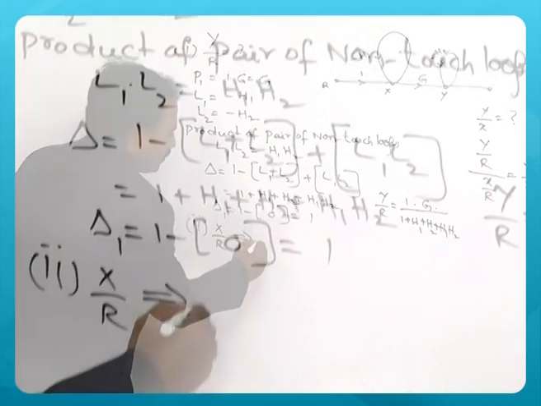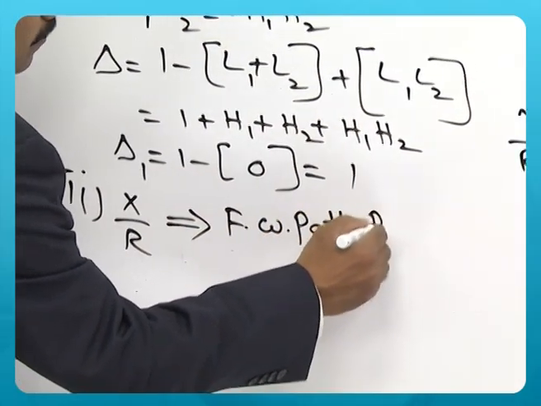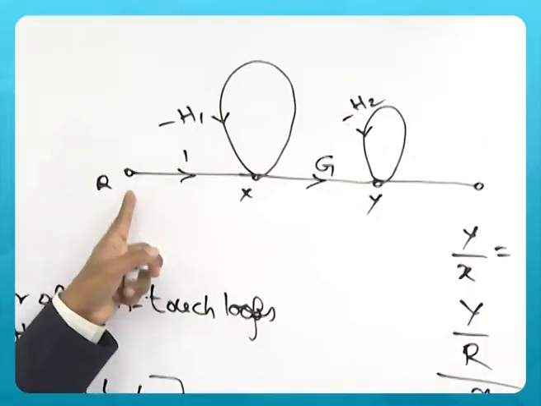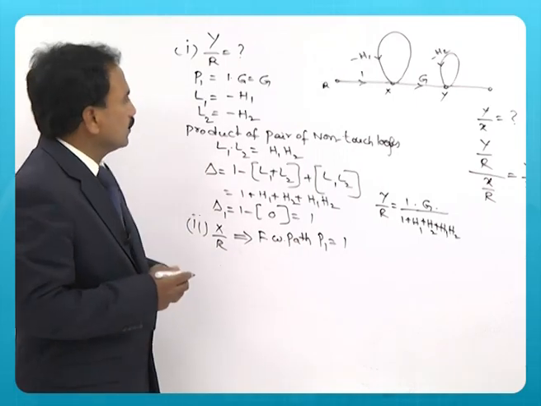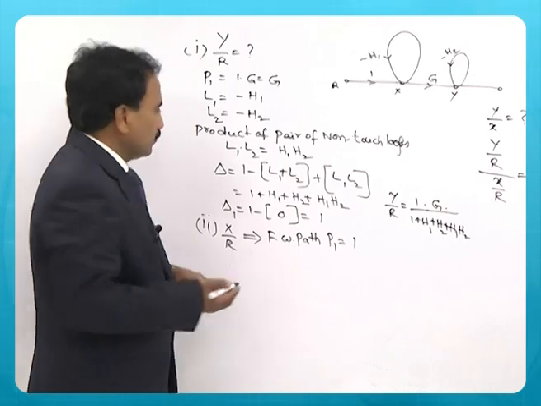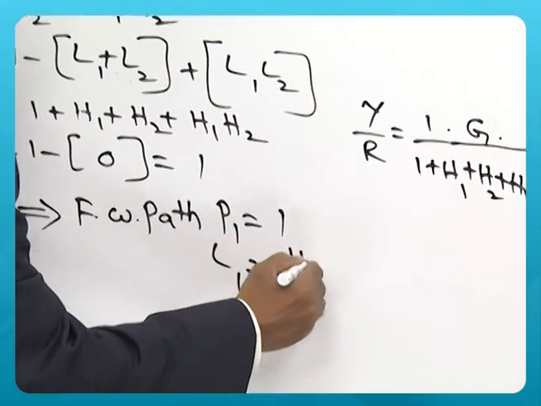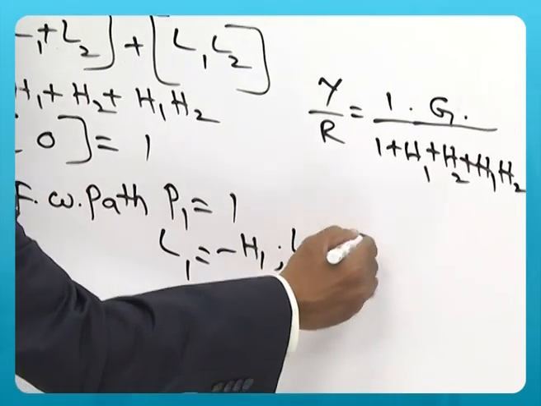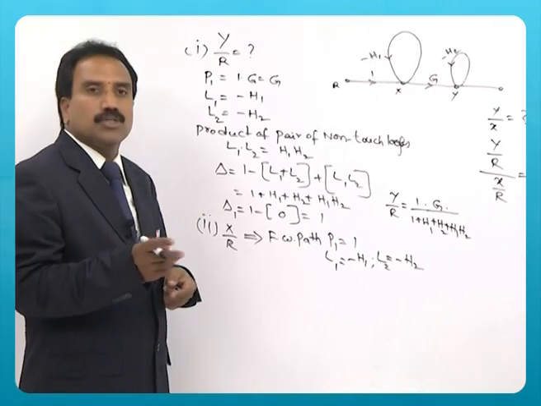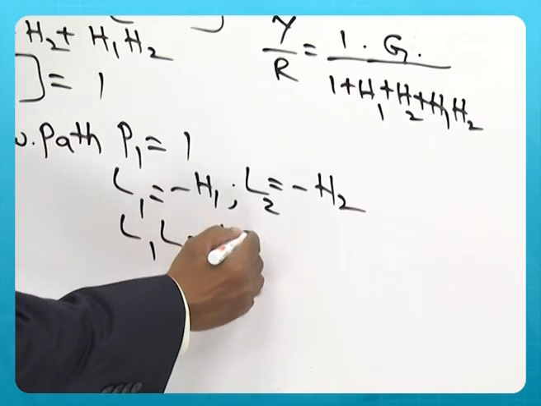In this case the forward path gain P1 is simply 1, because there is only 1 between this input and this output. So the forward path is 1. Now what are the loops? Obviously the loops are L1 minus H1, L2 minus H2. Now the product of non-touching loops, again L1 L2, is equal to H1 H2.